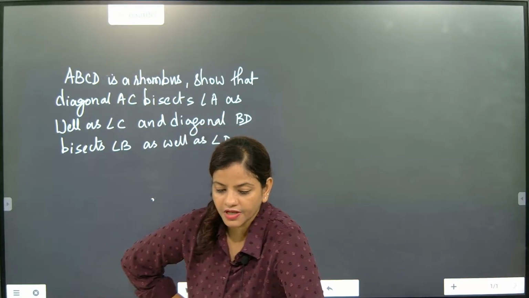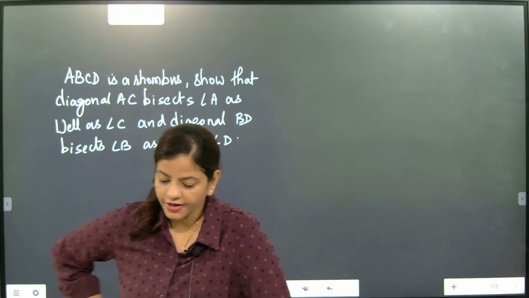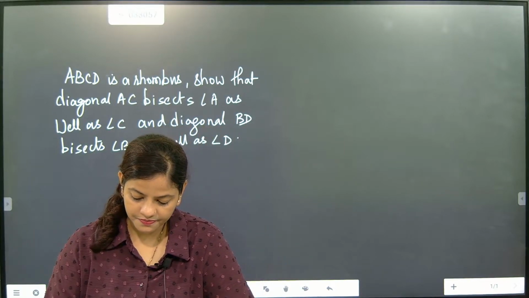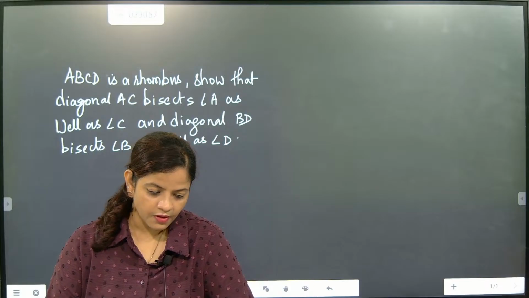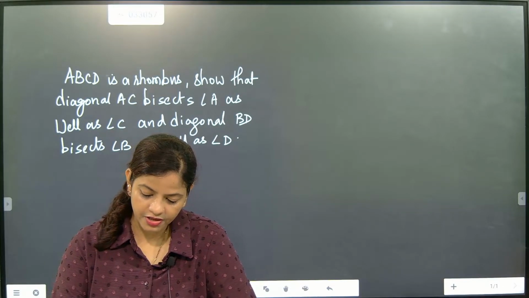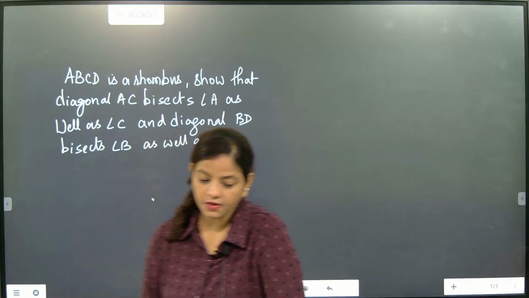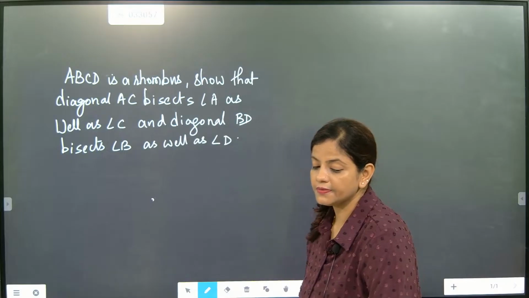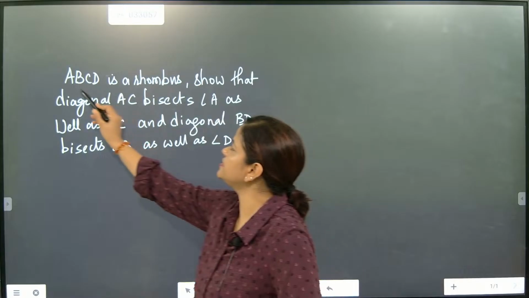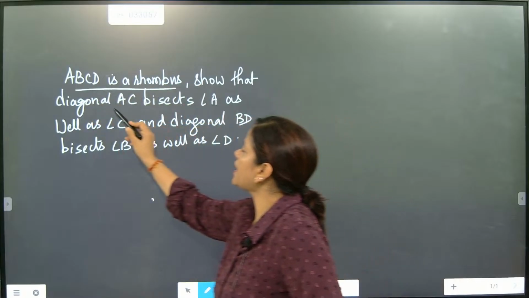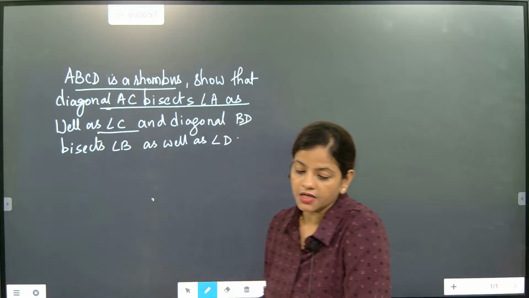So ABCD is a rhombus. Show that diagonal AC bisects angle A as well as angle C.